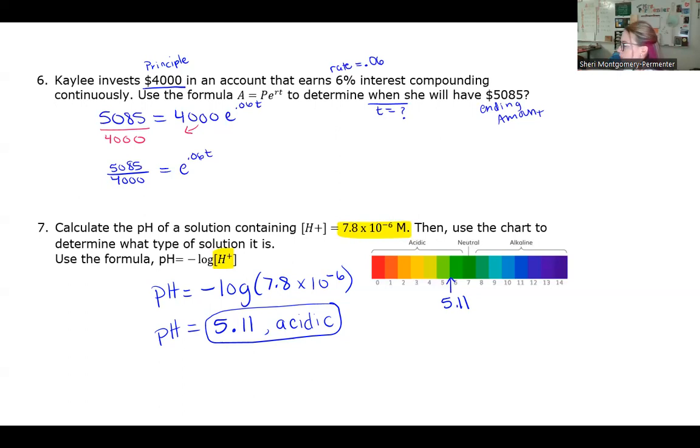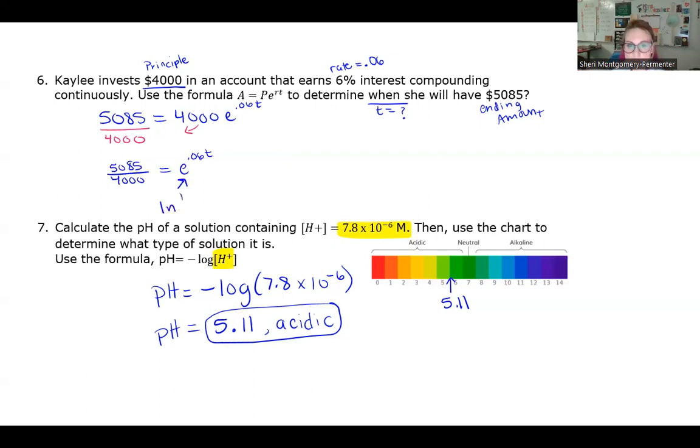I do not have one-to-one. I do not have exponent equals exponent. So I have to rewrite. When I rewrite, what kind of base do I need with E? What kind of log has a base of E? Natural log.